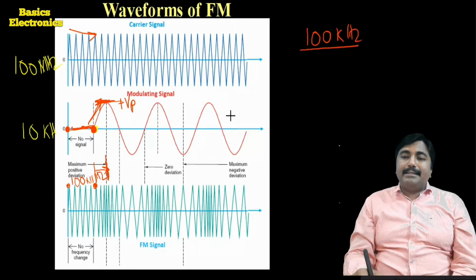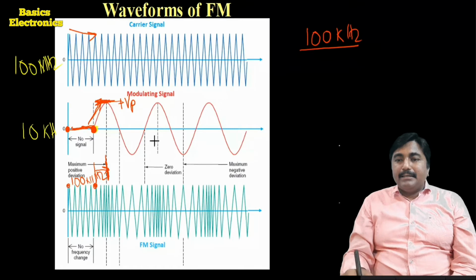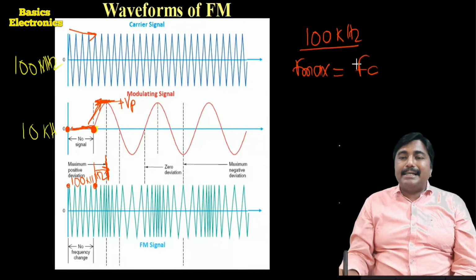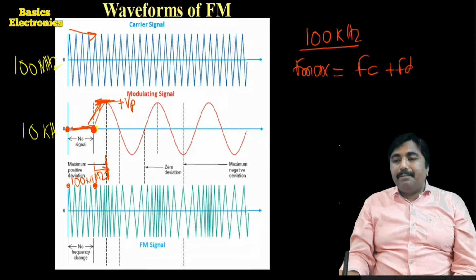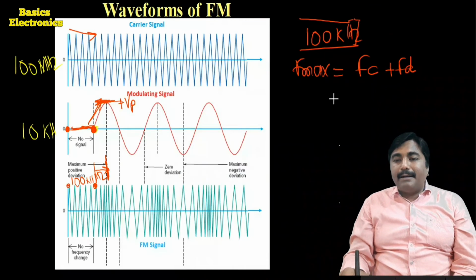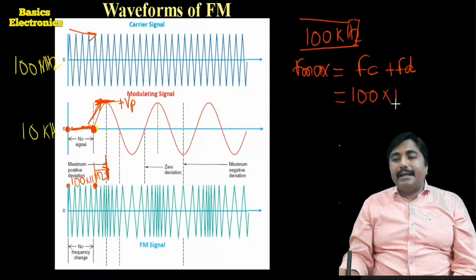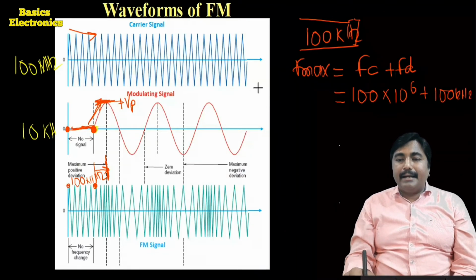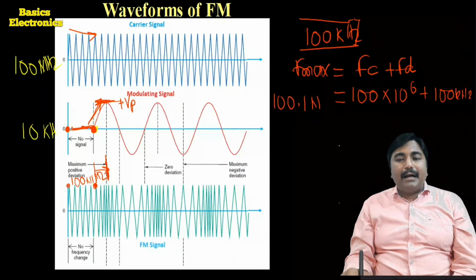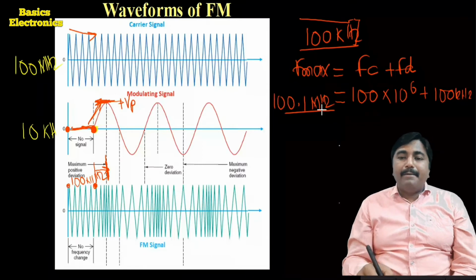Then the maximum frequency F maximum is equal to the frequency of the carrier signal plus the frequency deviation. With a deviation of 100 kilohertz, F maximum is equal to 100 megahertz, 10 to the power 6, plus 100 kilohertz, which gives F maximum equal to 100.1 megahertz.